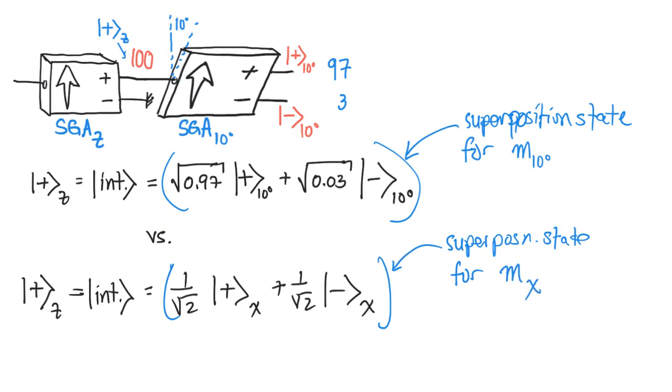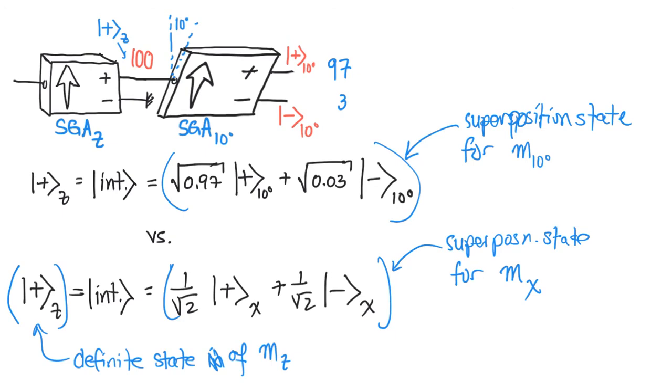But notice it is also a pure state, or a definite state. Definite, wow, I really need to work on my spelling. It's a definite state of mz. In other words, it's plus in the z direction, 100%. Okay.